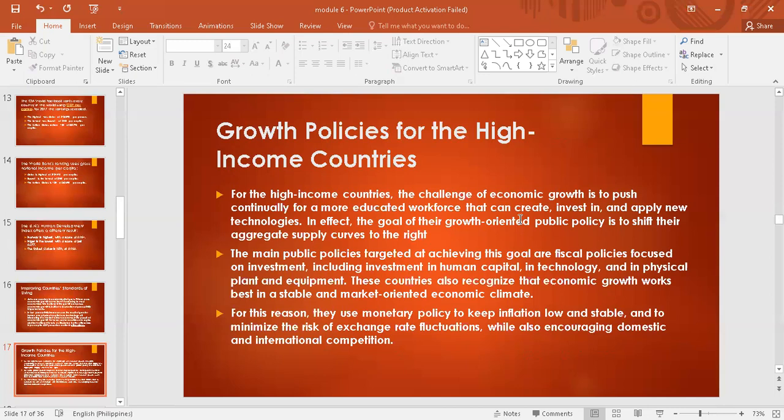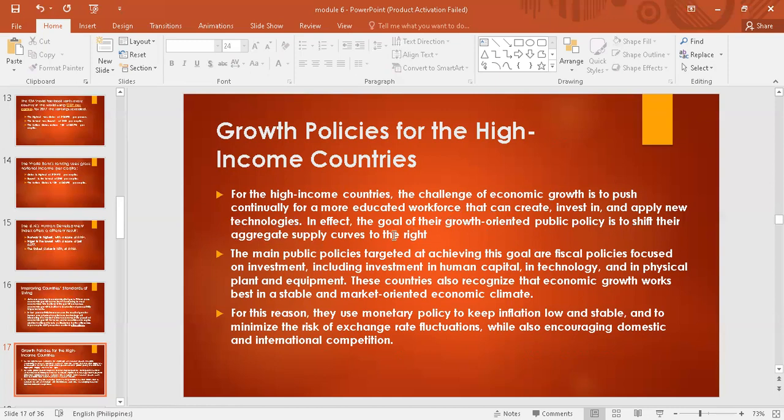In effect, the goal of their growth-oriented public policy is to shift their aggregate supply curves to the right. Ito po, wala kasi akong board para ma-explain ko sana yung supply curve. Pero ito po ang sinasabi niyang supply curve, no?